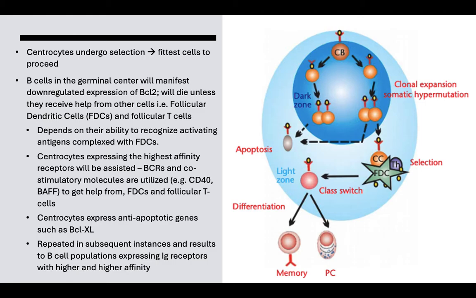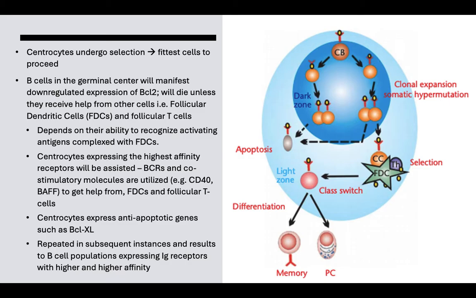So it boils down to the nature of the B cell receptor. If the B cell receptor is not good, even though there are multiple somatic hypermutations, if the B cell receptor is not of very high affinity to the antigen, it will not be assisted by follicular dendritic cells or helper T cells.